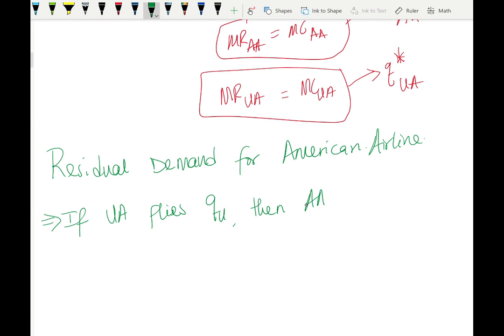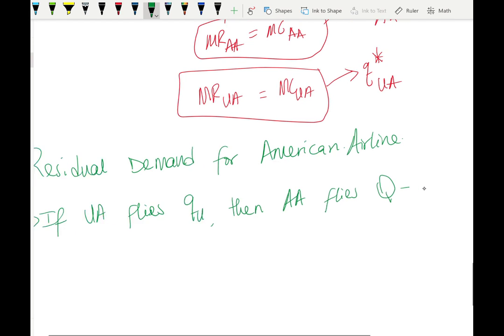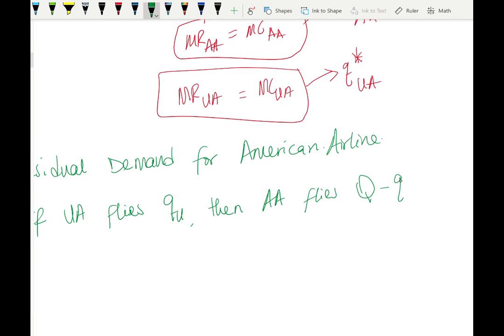So if this is the total and United already flew this many, then American is left with whatever is in the market.